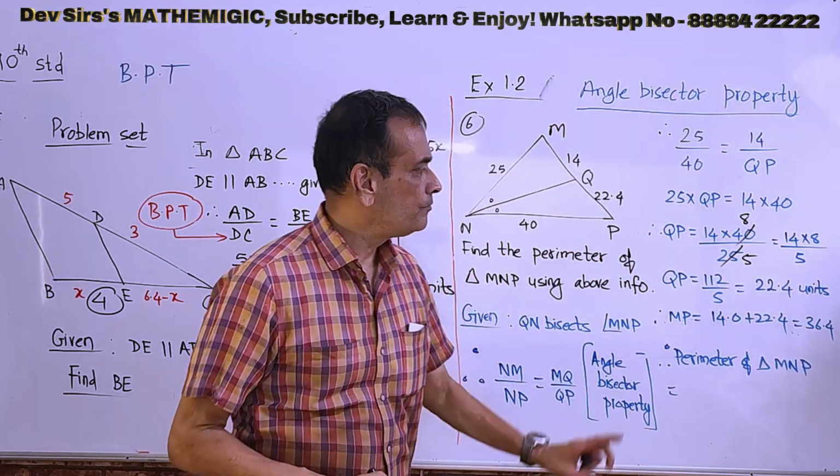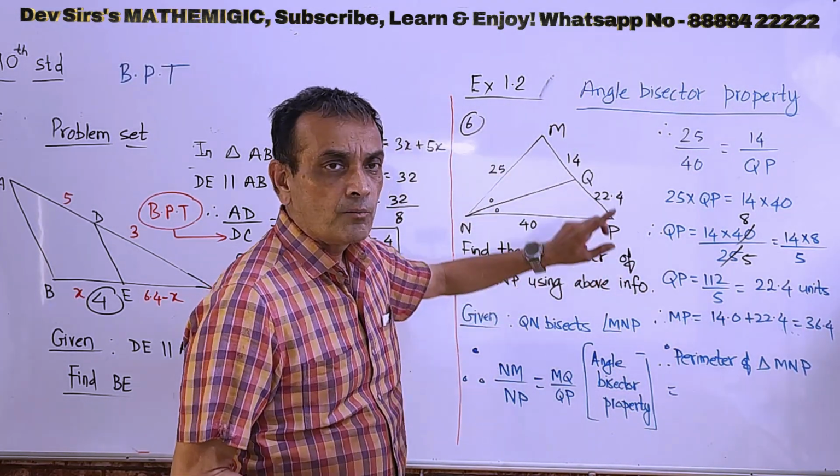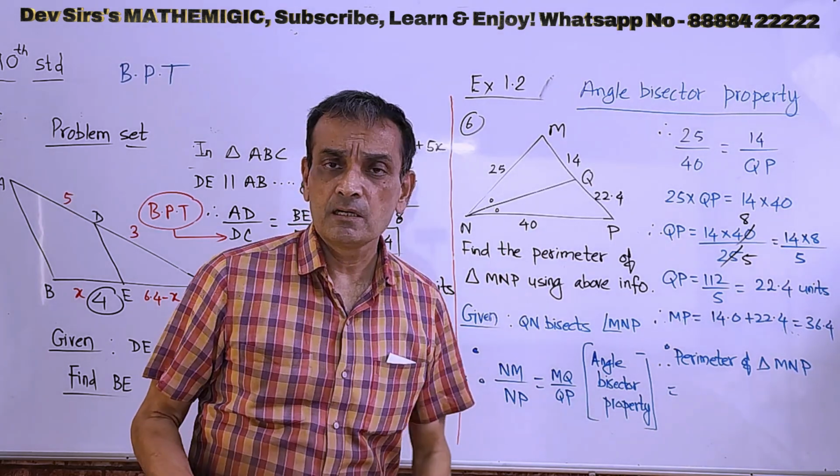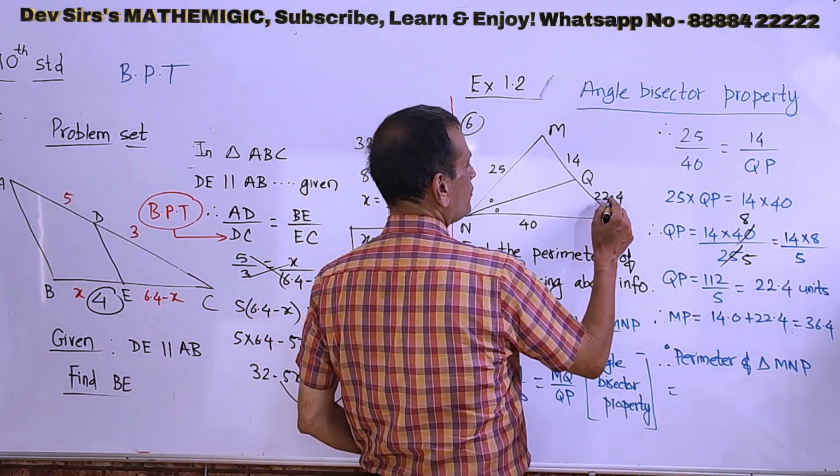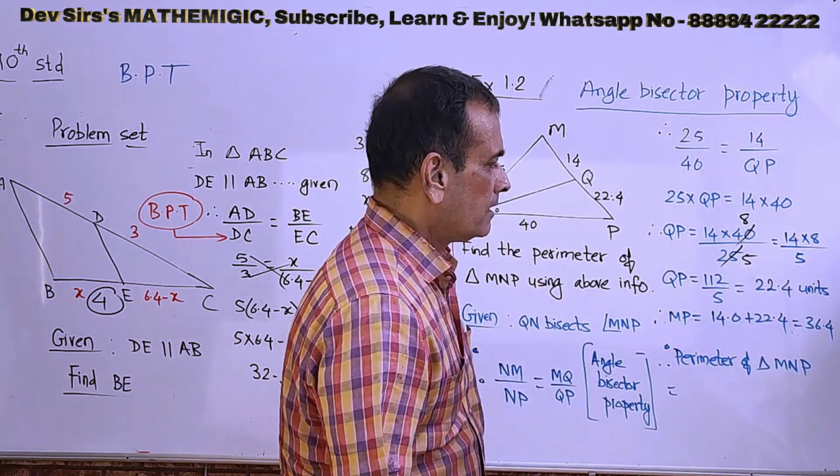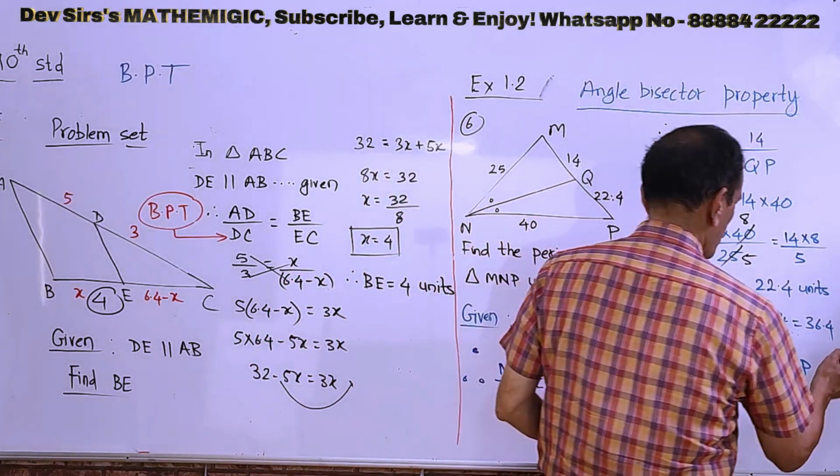Which is QP. But perimeter of the triangle is asked. So let us add this 22.4 plus 14. That is 36.4.